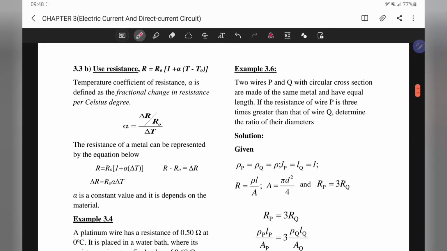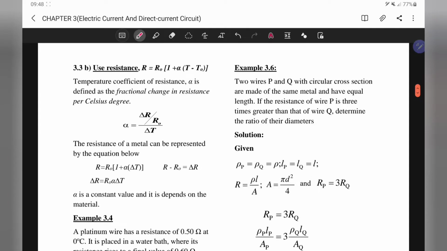Okay, how do you use the equation? The equation given now is R equals R naught (1 plus alpha delta T). Based on this, by rearranging the equation, you will get alpha equals delta R over R naught, divided by delta T. And what is delta R? Delta R equals R minus R naught. So you may get this from this.